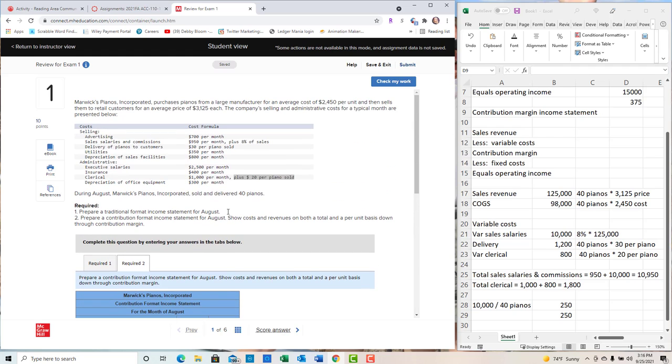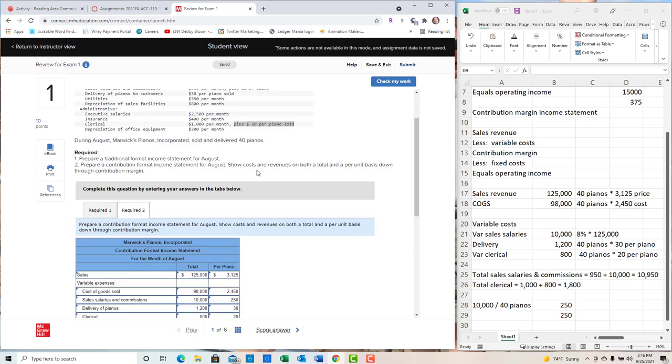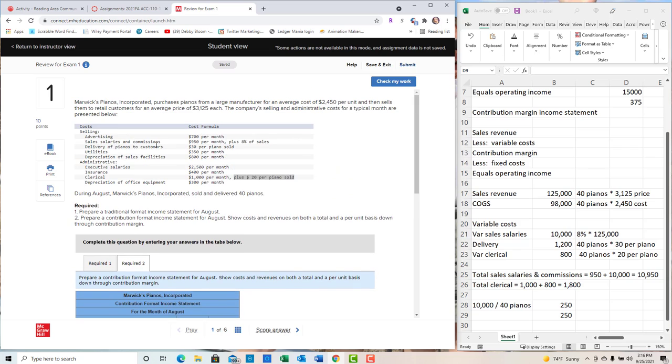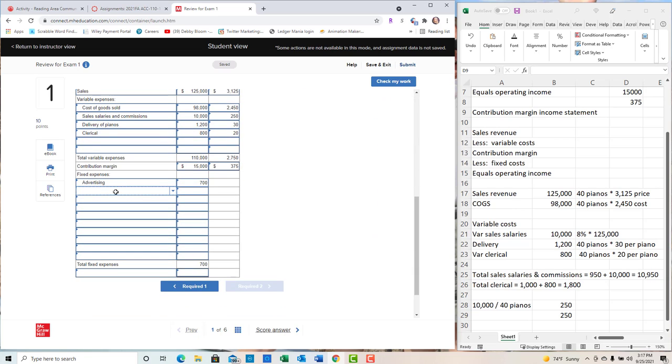Now all we have to do is list our fixed expenses. Advertising, $700 per month. The next fixed one that we have is sales, salaries, and commissions. Now we're only going to include the fixed $950 per month. The 8% of sales was included in variable, so the sales, salaries, and commissions is only going to be $950.